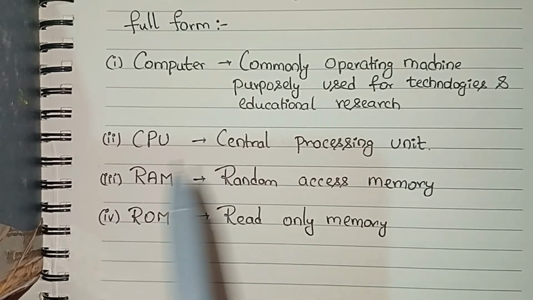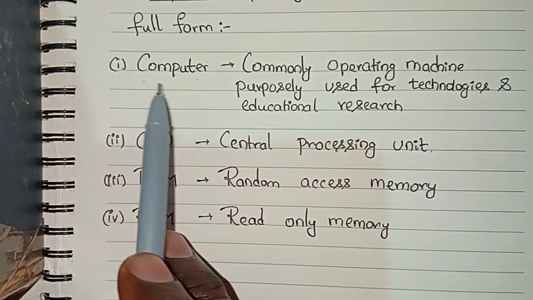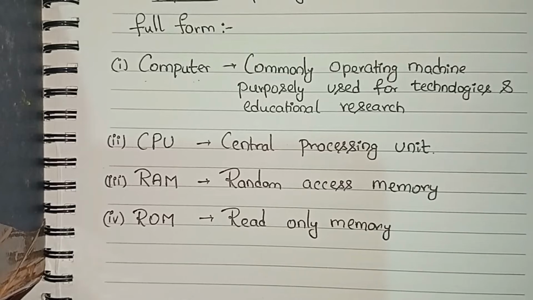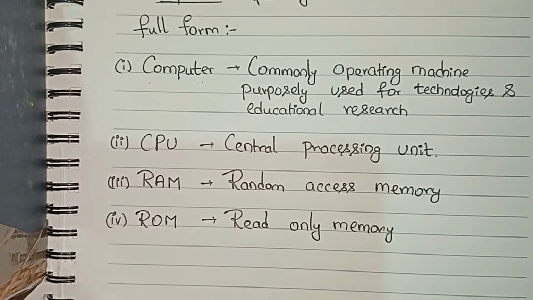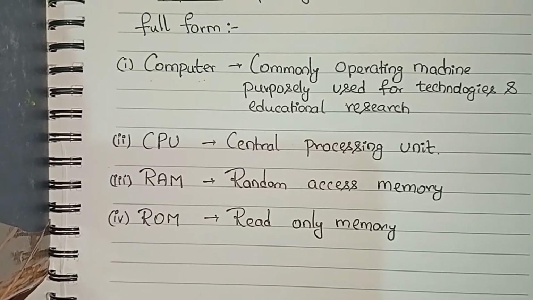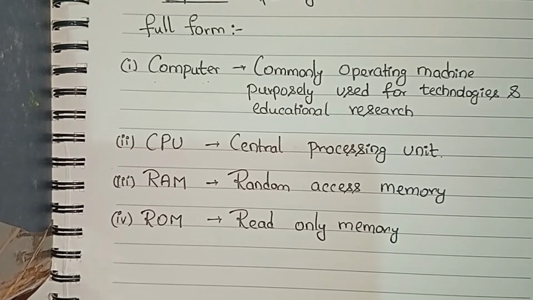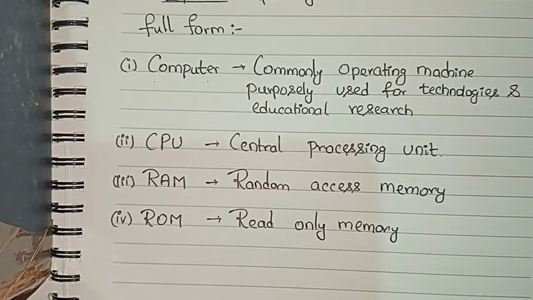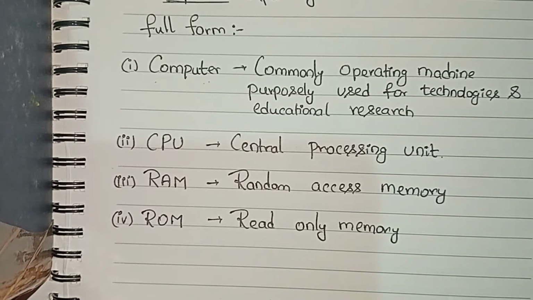Now we see the full forms. There are some MCQ questions which will be asked in competitive exams or any exams, such as the abbreviation of computer. Computer stands for commonly operating machine purposely used for technologies and educational research.